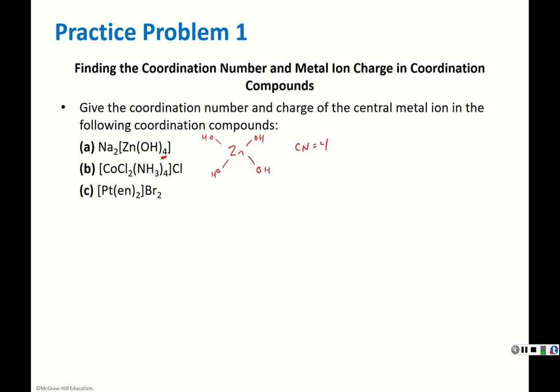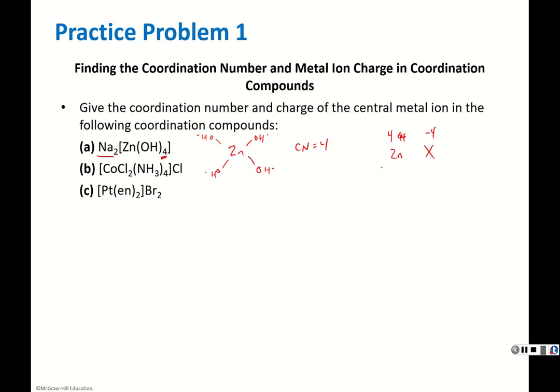What about the charge? Well, we know that there are 2 sodiums balancing it, and each of those has a +1, so it's a +2 overall. Remember, hydroxide, OH, is negatively charged. So we have 4 of them. 4 OHs will give us a -4 charge, plus the charge of the metal, the zinc, which we don't know.